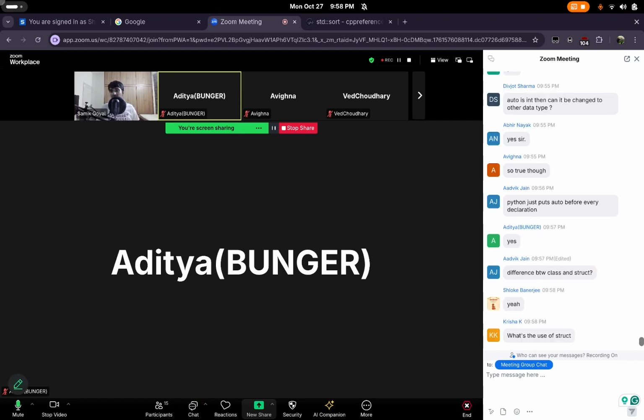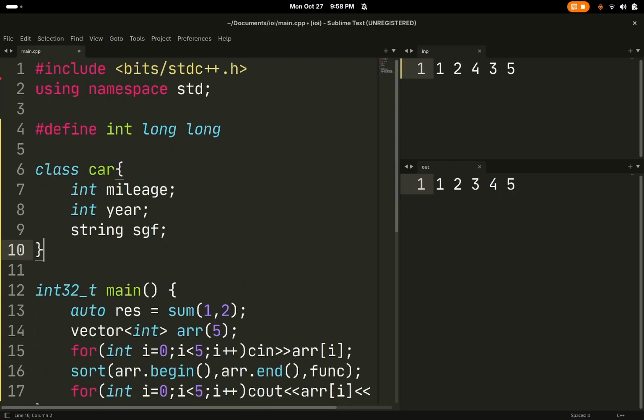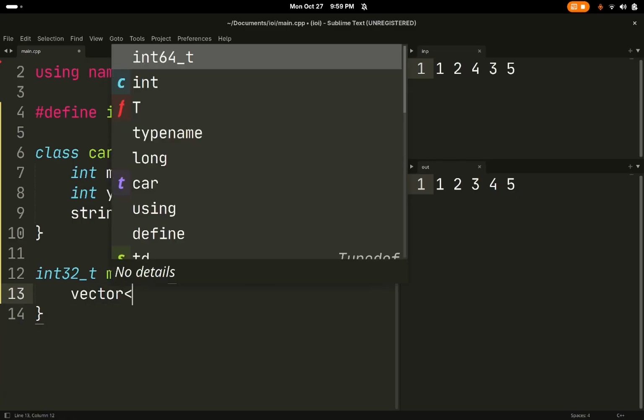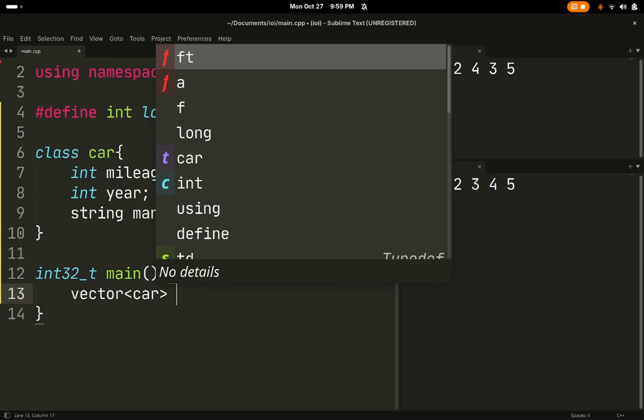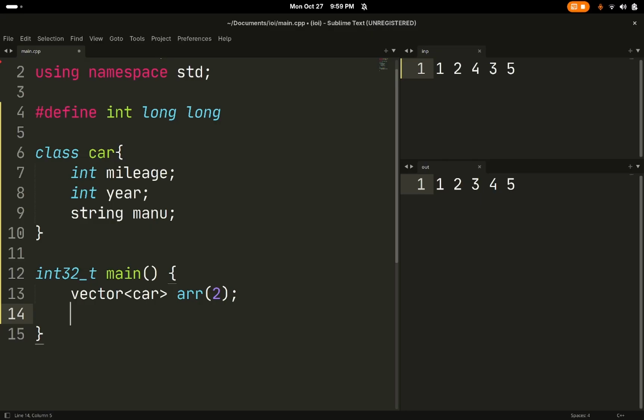A struct is a way to make your code cleaner. Say I had something where I was talking about cars, right? Instead of creating 3 different arrays like mileage of car, year of car, and manufacturer of car, I can just create one vector of cars, which I'll just call this manufacturer, okay, which can make our code very simple, because now I can just say a vector of car of size 2, and that's it.